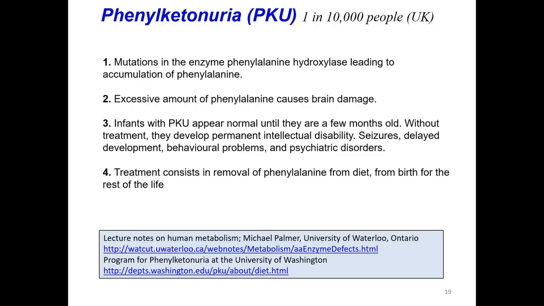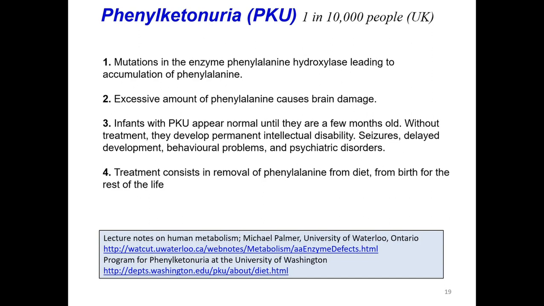So phenylketonuria, or PKU, is a rare condition, and we have seen it's caused by the mutation in the enzyme phenylalanine hydroxylase, which leads to the accumulation of phenylalanine. And accumulation of phenylalanine is toxic to the brain. So you can see the problem here.